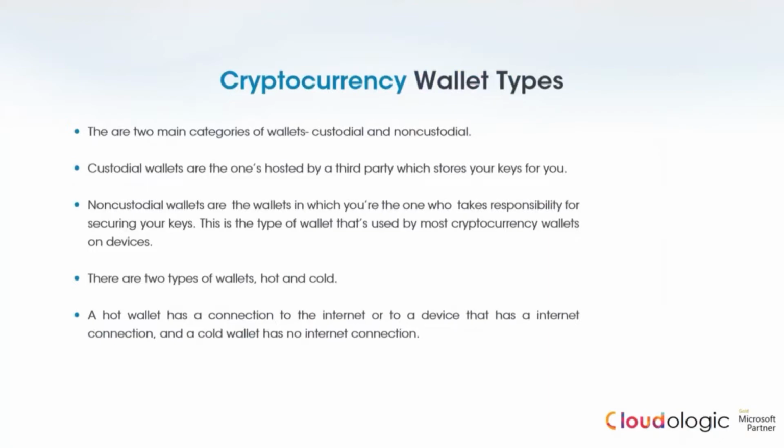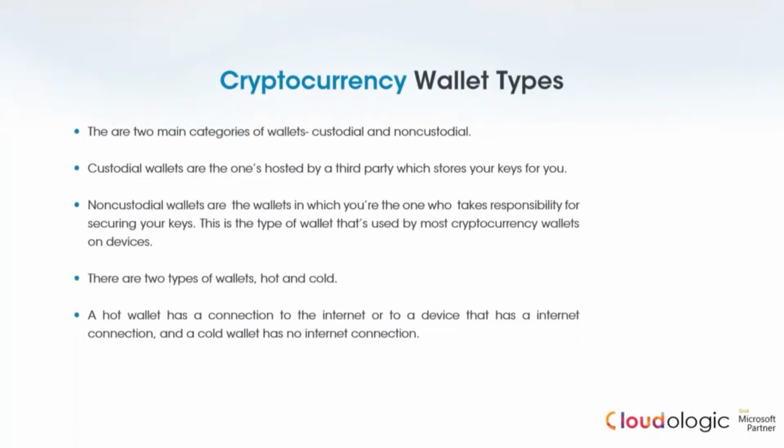There are two major categories of wallets, custodial and non-custodial. Custodial wallets are hosted by a third party, and they store your keys for you. So if you have a custodial wallet, you won't be held accountable for storing your own keys; the third party will store your keys.